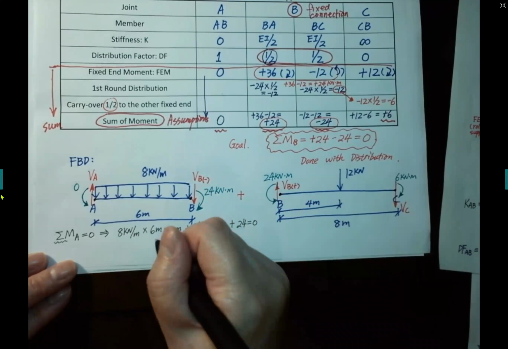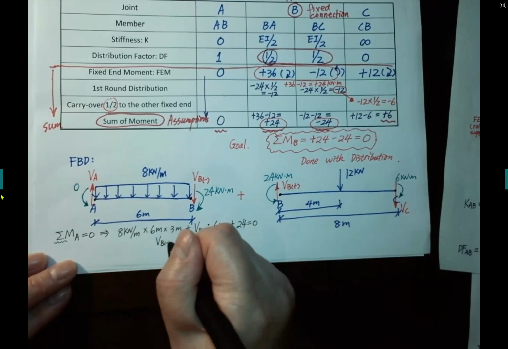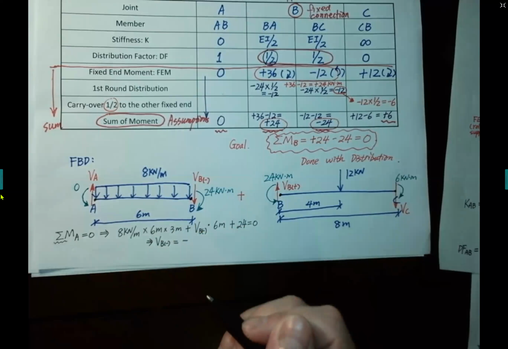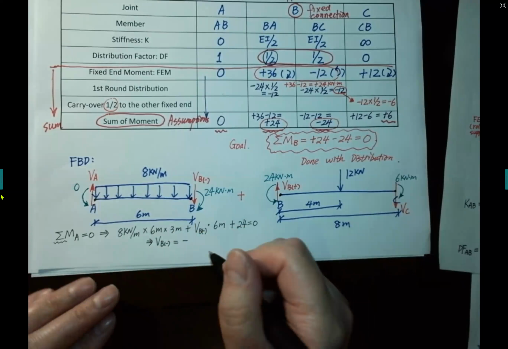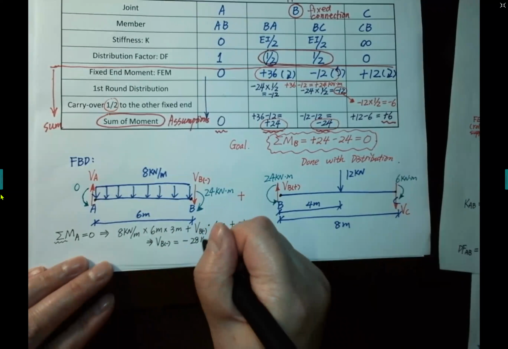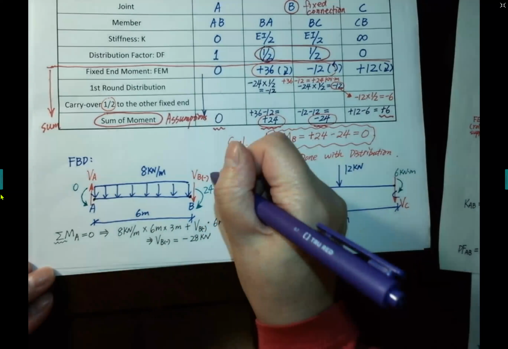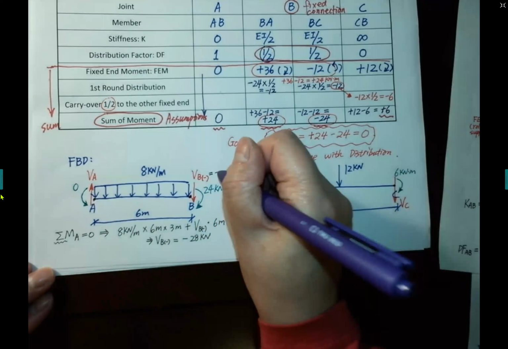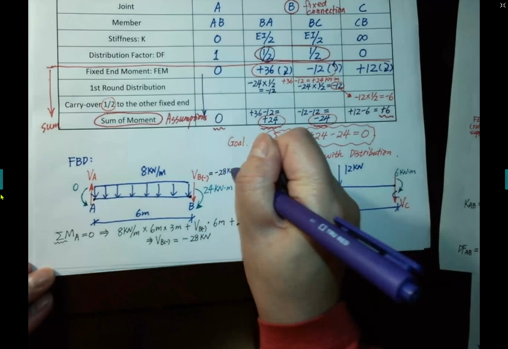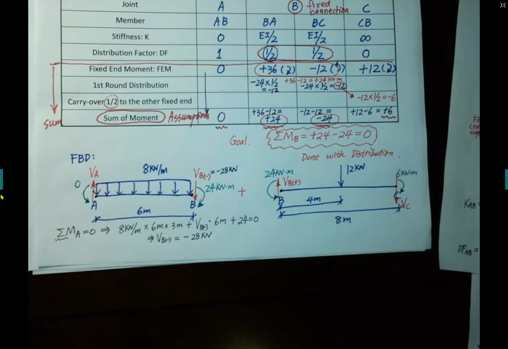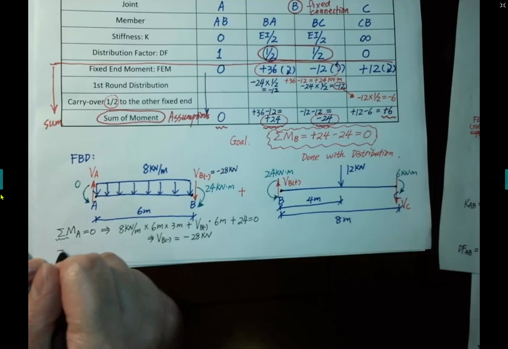Solve this equation, we can get VB, just left of support B, equals negative 28 kilonewton. So I put this value on the free body diagram. After that, I use the force in the y direction equal to 0 to solve for VA.